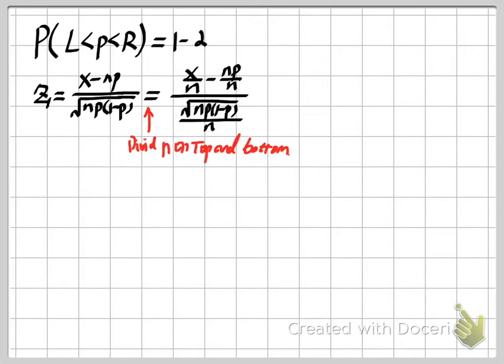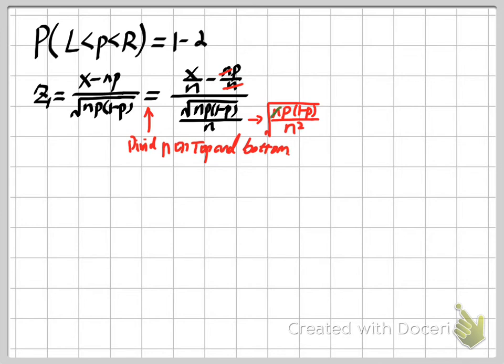For the top, the n cancels in the second term. For the bottom, we can move this n inside the square root, so we have the numerator inside our square root divided by n squared.